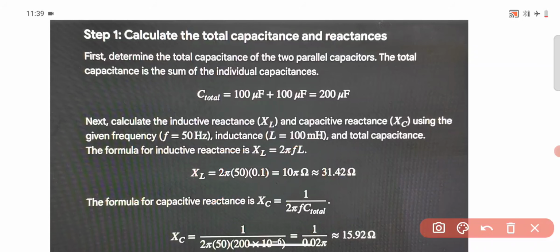So now we will calculate directly. XL is equal to 2 pi FL, frequency is mentioned, and L is also mentioned.